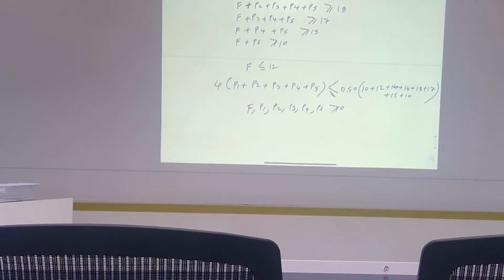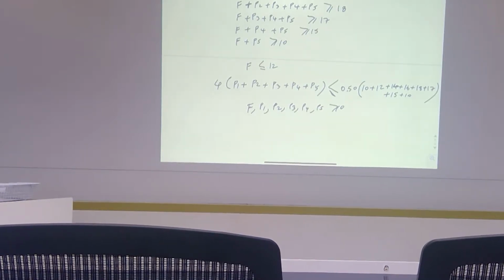Okay? Left-hand side is hours, so the right-hand side should be hours as well. So for the total hours required for each day, we know each time period is just 1 hour. We have the number of tellers, so we just multiply, we know the total time required for each time period, and then we sum up. So this is the level planning. Another one is quite the same, right?